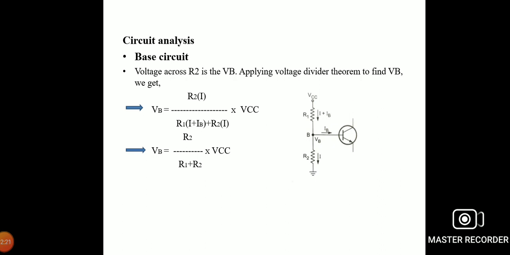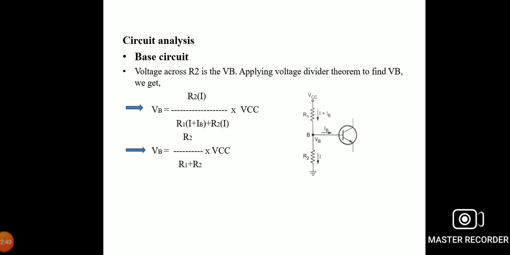Applying the voltage divider theorem to find the base voltage, we get the equation: base voltage is equal to R2 divided by R1 plus R2, into VCC.